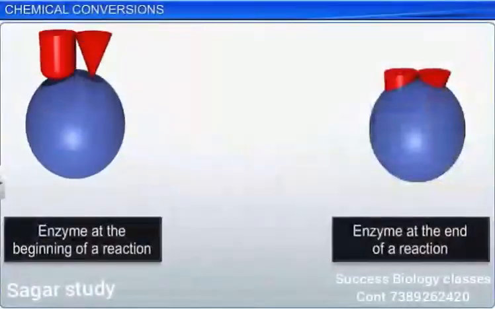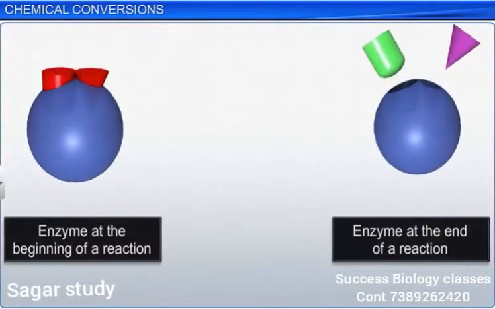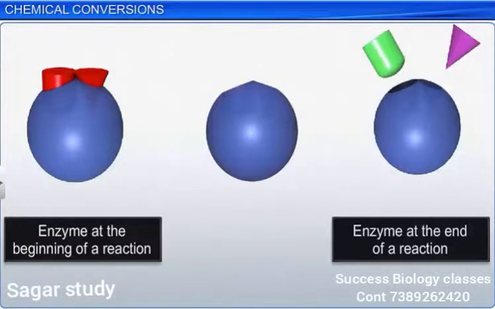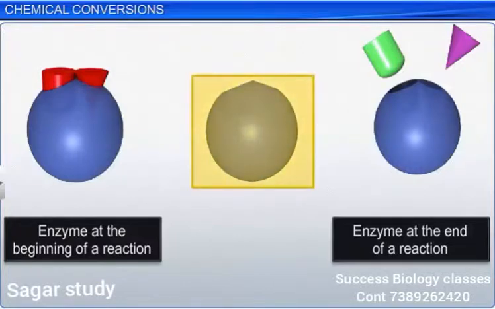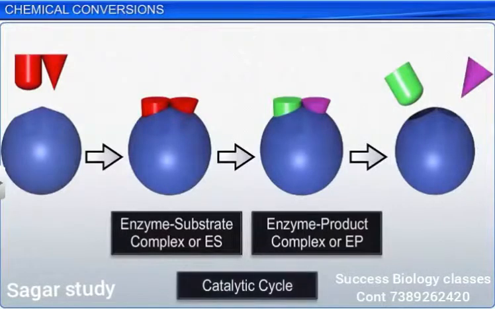In other words, at the end of any reaction, the enzyme remains unaltered and is ready to be used by another molecule. The multi-step reaction mechanism involving enzymes as catalysts is called the catalytic cycle.